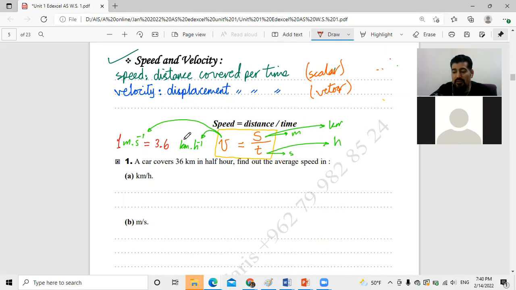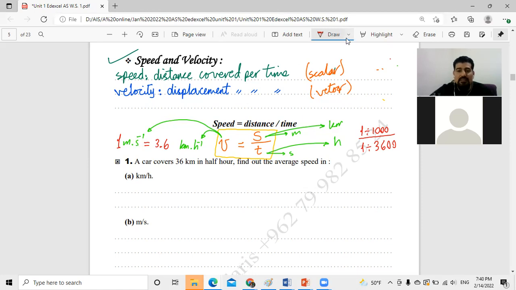But if I want to convert 1 second to 1 hour, I'll divide by how much? 60 times 60, exactly, 3,600, bravo. So 1 over 1,000 divided by 1 over 3,600 will be 3.6. That means 1 meter per second is equal to 3.6 kilometers per hour. So meters per second is the bigger unit.